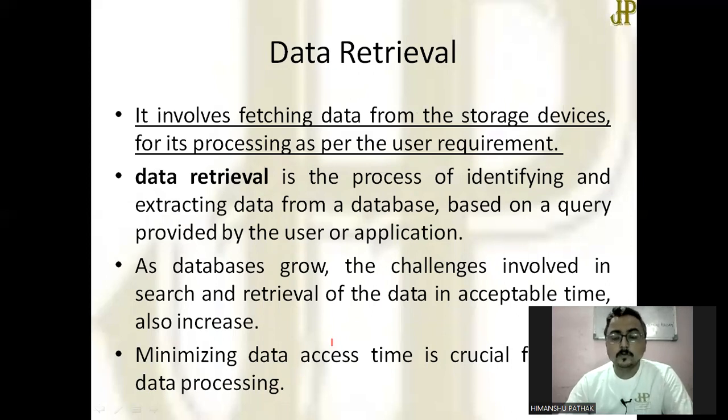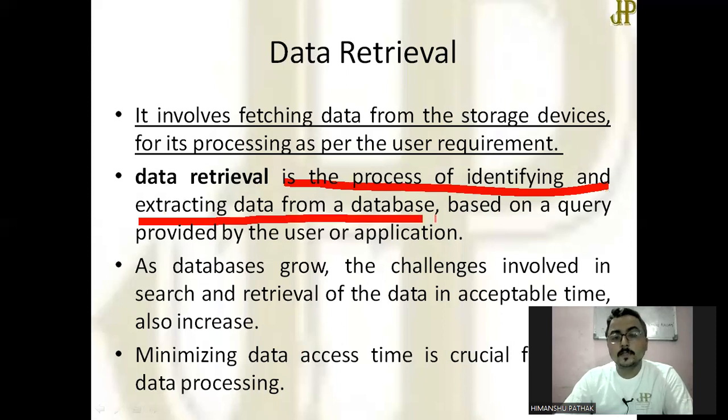You have to put some condition so that only a particular piece of information is fetched out. So data retrieval is the process of identifying and extracting data from a database based on a query. Query means whatever the user wants. And that query is applied with some application like Oracle, MySQL, DB2, etc.